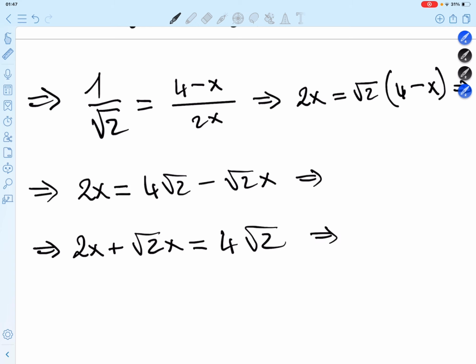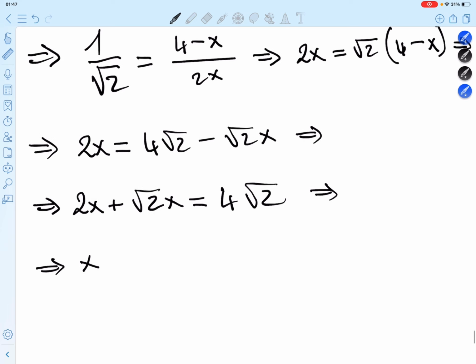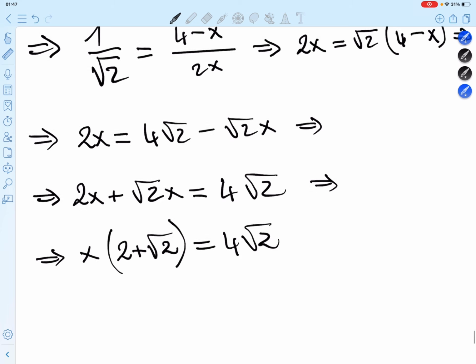Now if I collect x on the left hand side, then I'm gonna be left with x times 2 plus square root of 2, which is equal to 4 square root of 2.